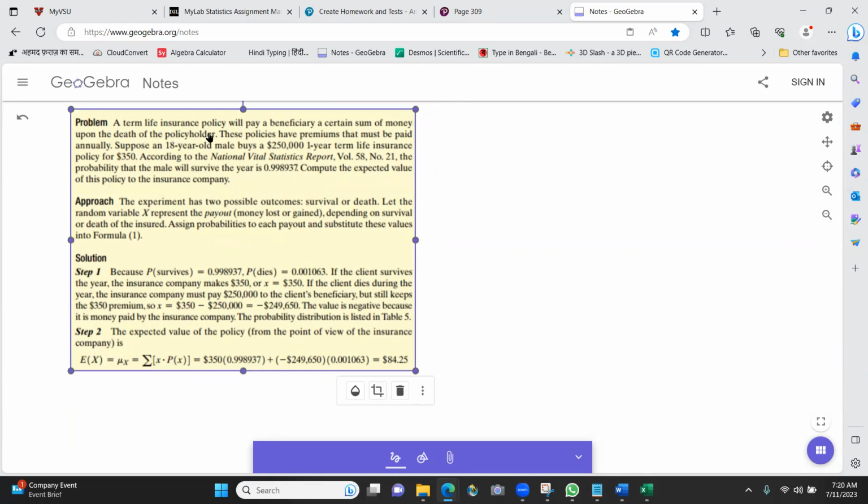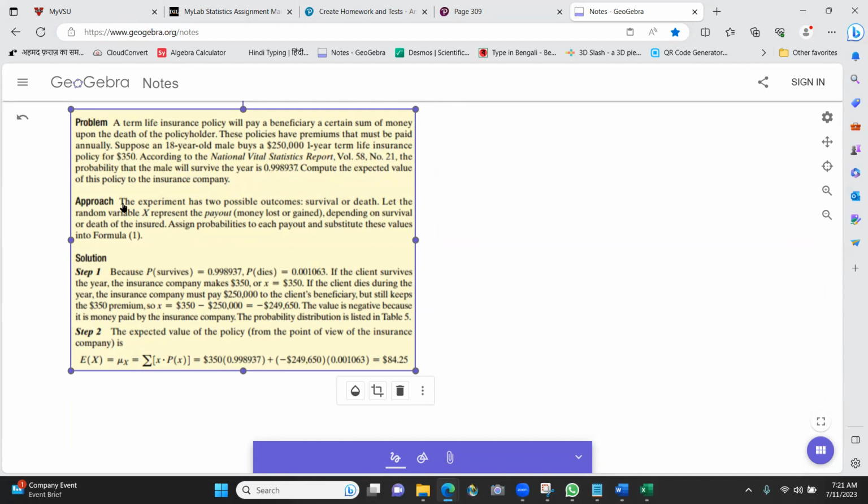There is a nice problem here in your book. A term life insurance policy will pay a beneficiary a certain sum of money upon the death of a policyholder. These policies have premiums that must be paid annually. Suppose an 18-year-old male buys a $250,000, 1 year term life insurance policy for $350.